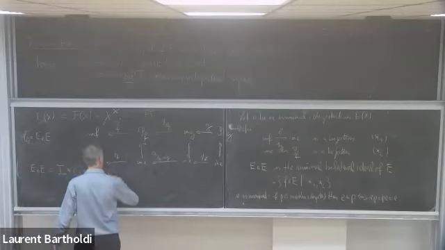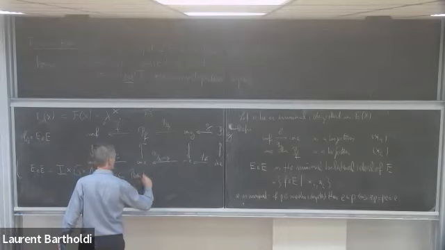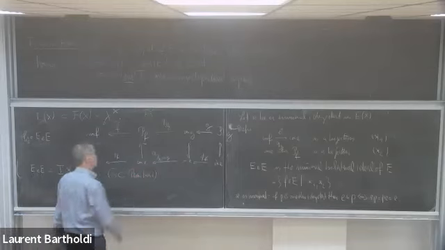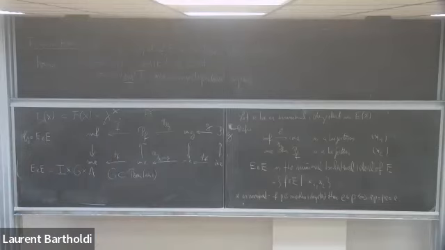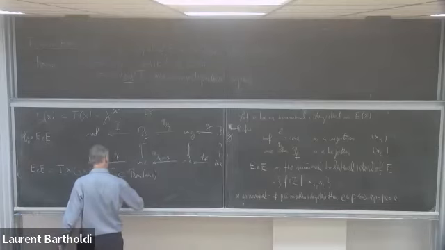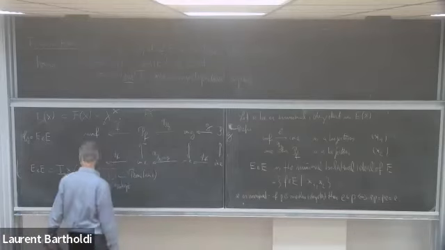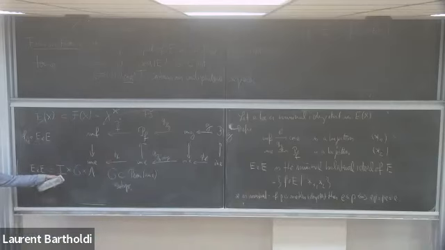Now, G is a subgroup of the permutation group of the image of E. So that's for a moment just a set, and that's also a set.